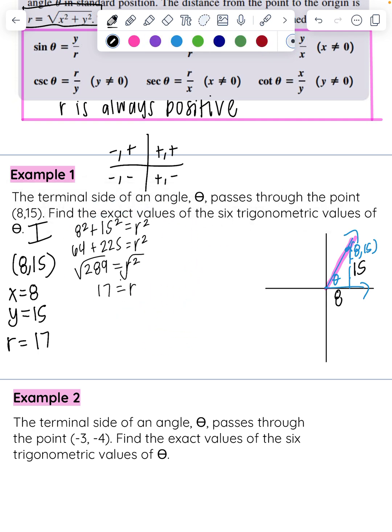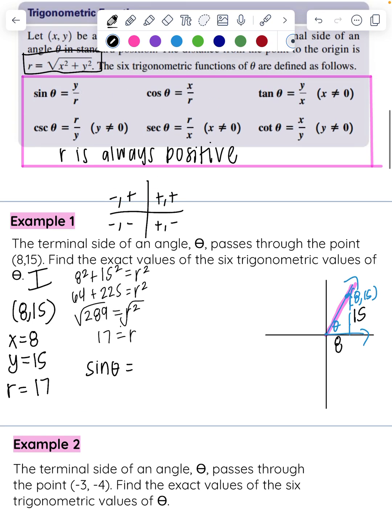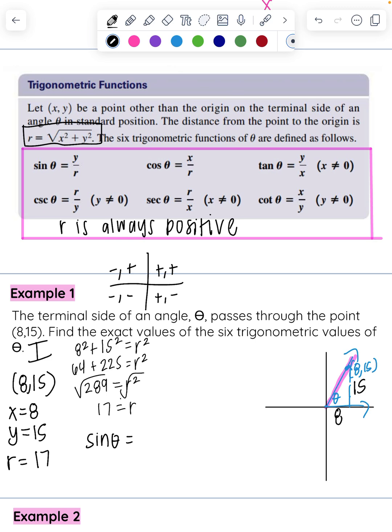So now that I have x, y, and r, and I know they're all positive, I can go ahead and set up my ratios. So sine of theta, and look, I'm going to have my definitions up here as y over r, so that would be 15 over 17. Cosecant, its reciprocal, 17 over 15. Cosine of theta would be 8 over 17. Secant, its reciprocal, 17 over 8.